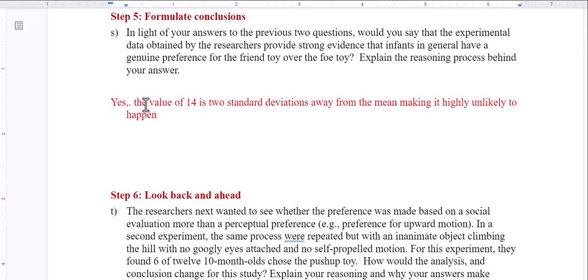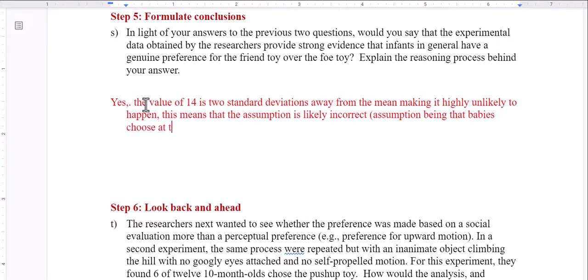So this means that the assumption is likely incorrect, the assumption being that the babies are choosing at random. So we can say that we are pretty certain then that babies can tell the difference between friendly and unfriendly behavior.